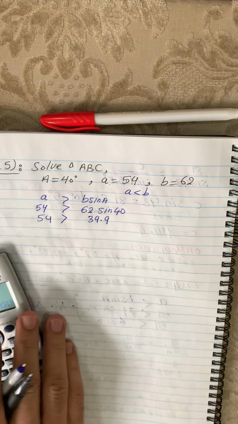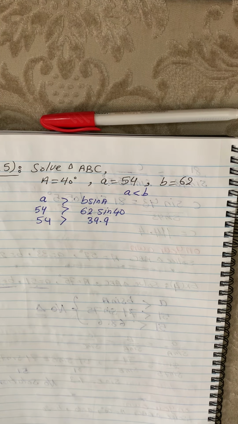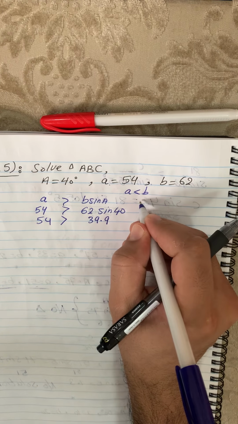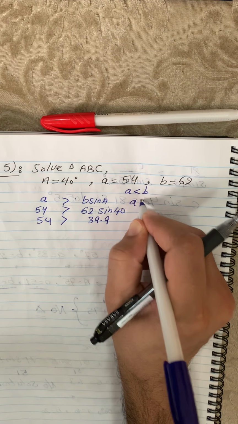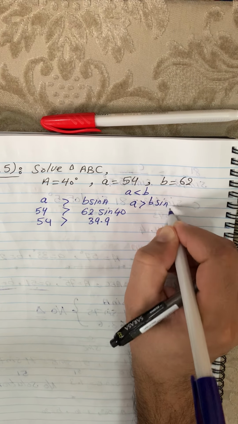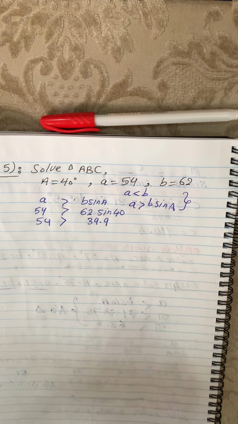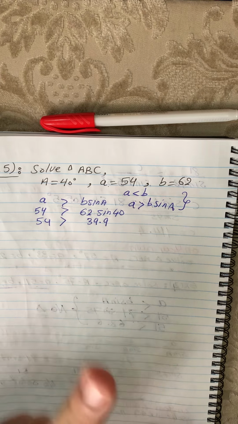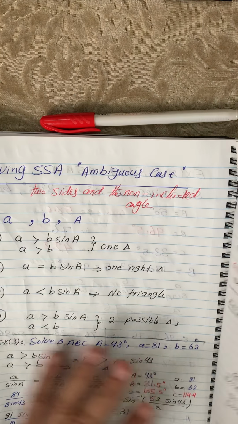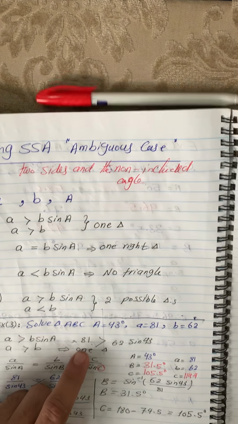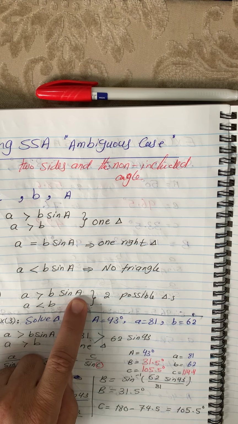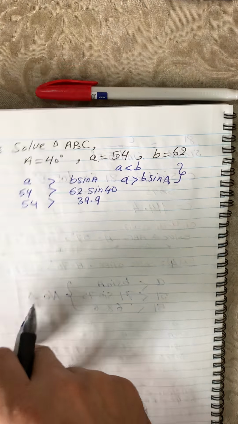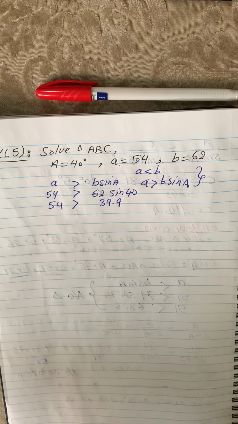So a is more than b sine A. So I'm saying a is smaller than b while a is more than b sine A. This is the last case for the ambiguous case. So we have here two possible solutions.